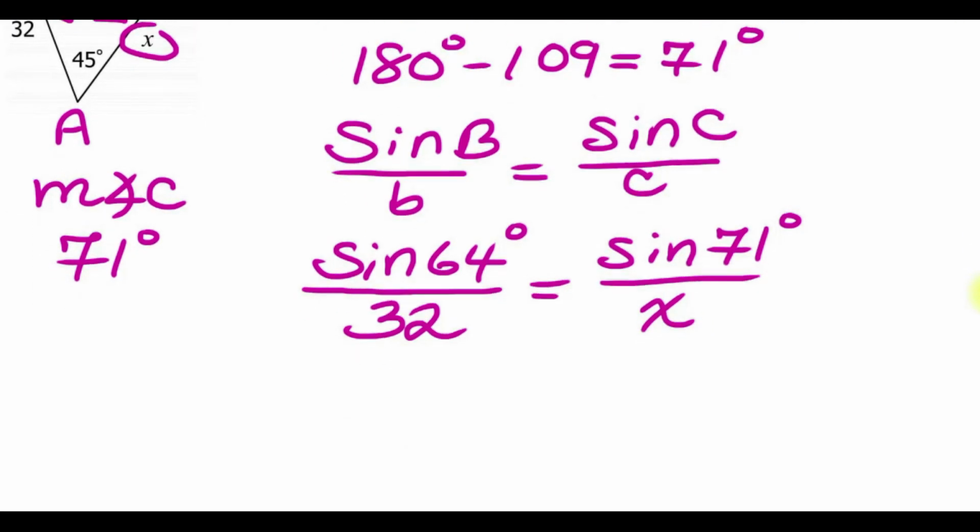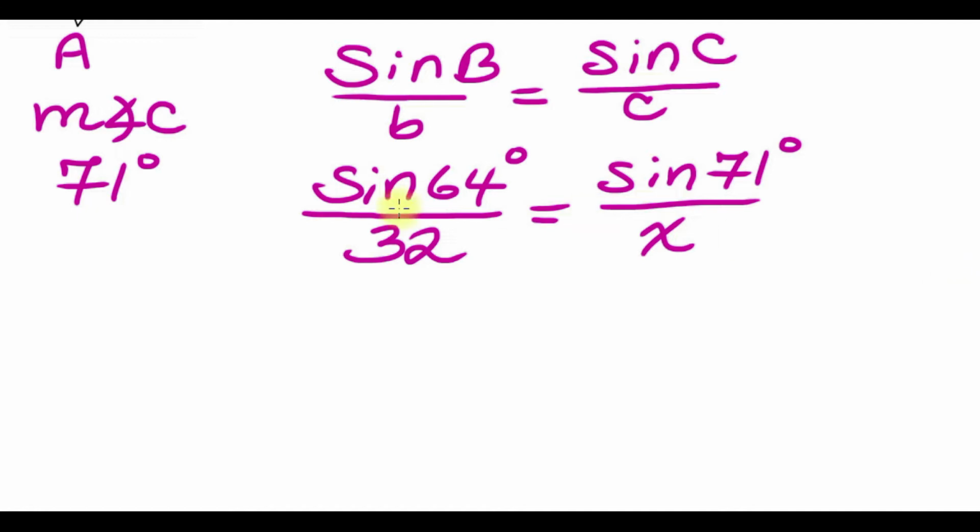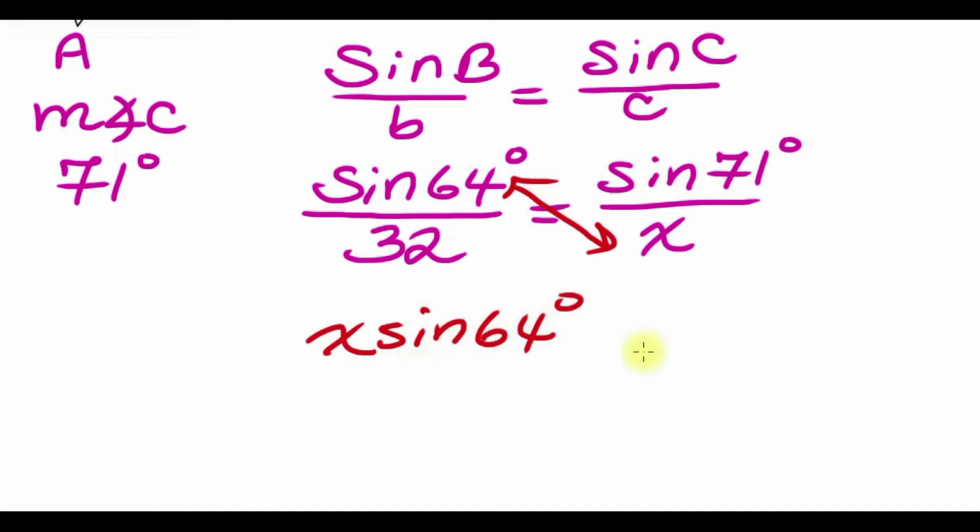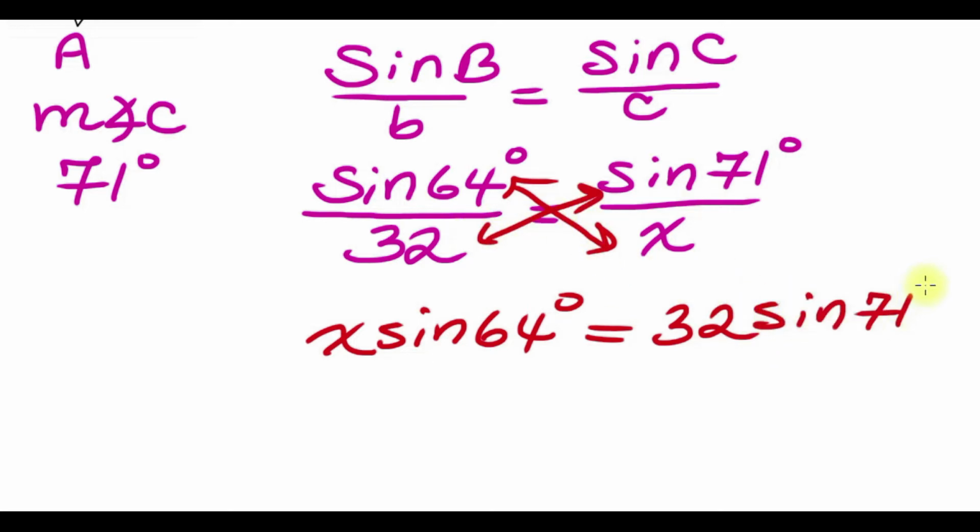We're solving for x here. This is a proportion, so we can cross multiply. When we cross multiply, we have x times sine 64 degrees is 32 times sine of 71 degrees.